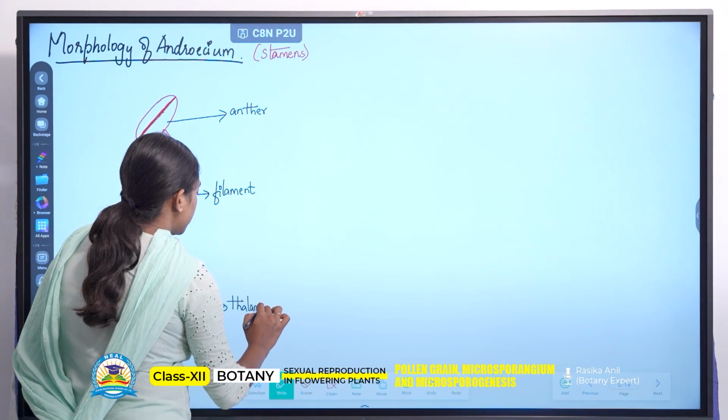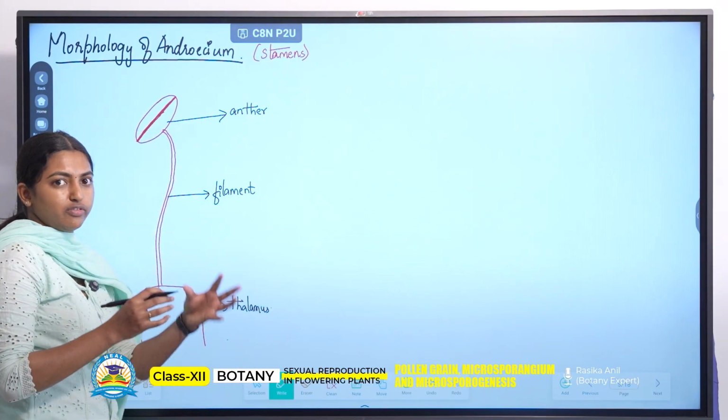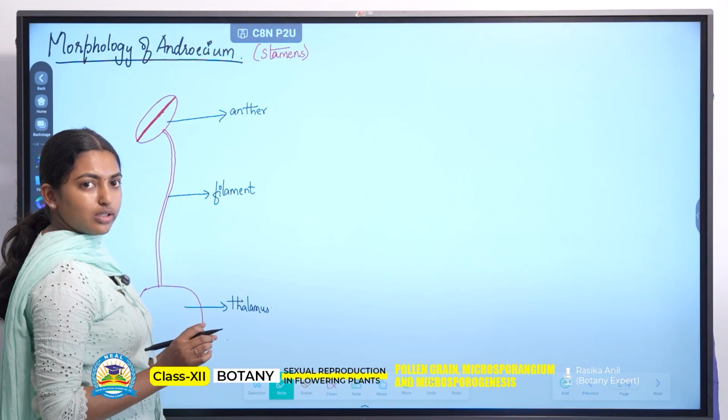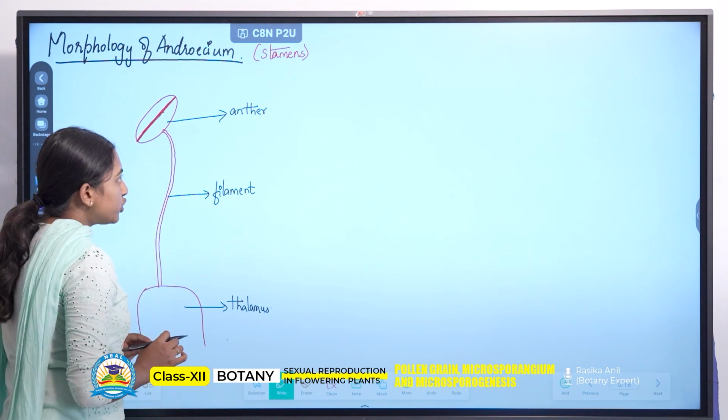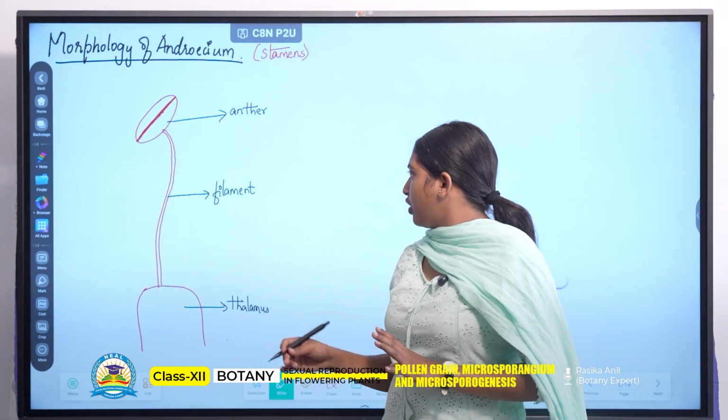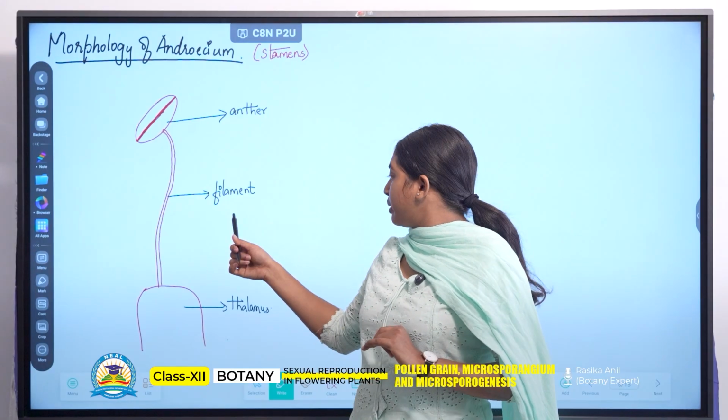Thalamus is the bulged part of a flower. You will have the flower, and at the base of the flower you will have a bulged part. That is your thalamus. Previously there was a question: how is the filament attached?